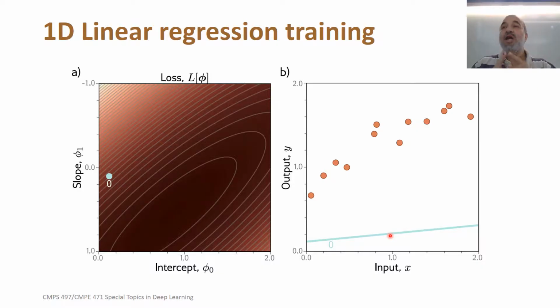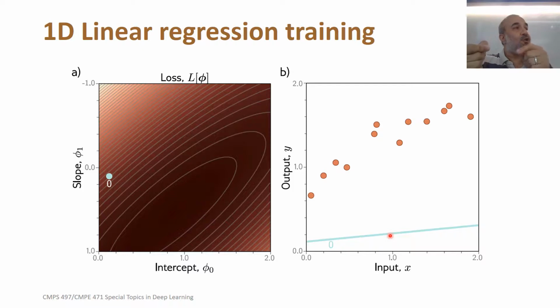So if we go in the direction of the slope of the loss function, meaning we change the values of the parameters in that direction, then we are increasing the value of the loss, right? Is that what we want? No, we want to decrease, right?